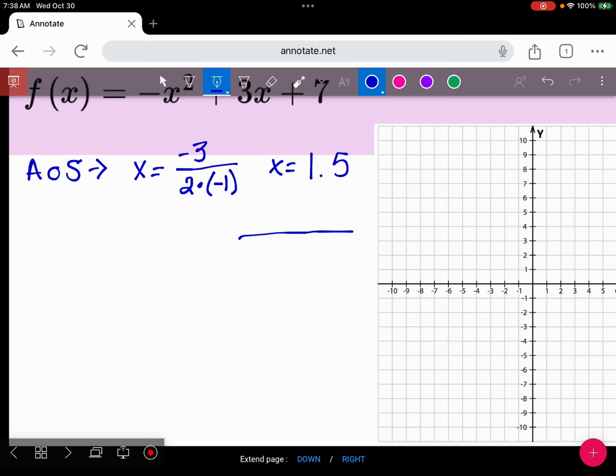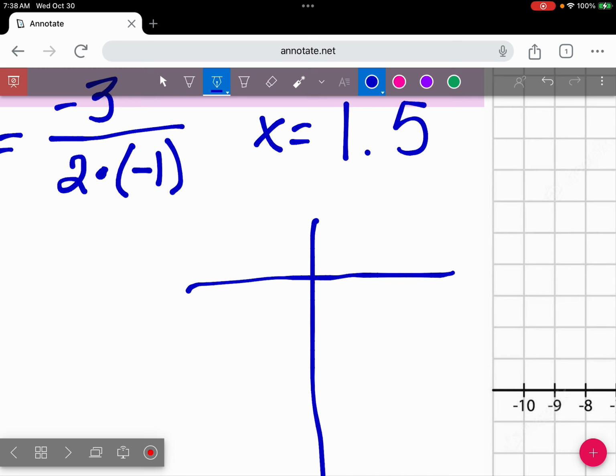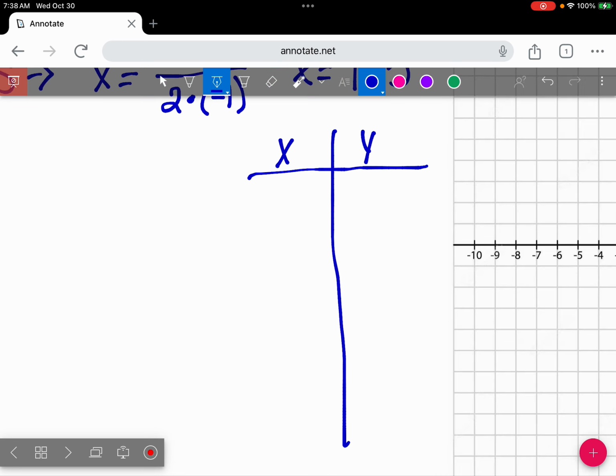So that tells me my vertex isn't going to be right on a line. So we need to be careful and make sure we pick things carefully in our table, because my middle is right at 1.5. So we could probably do 1, I was going to say, what's something smaller than 1.5? 1.